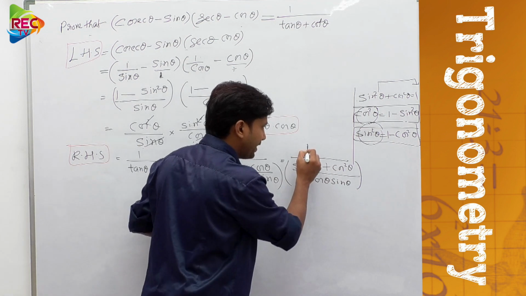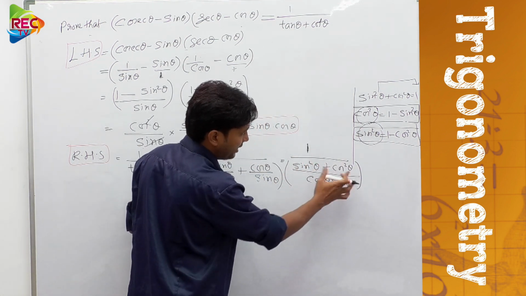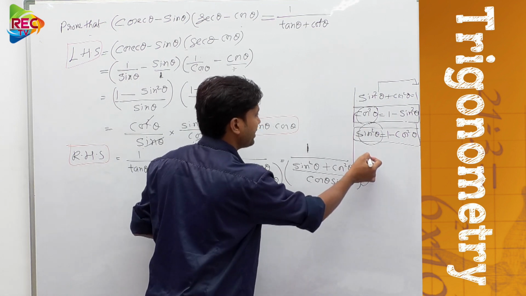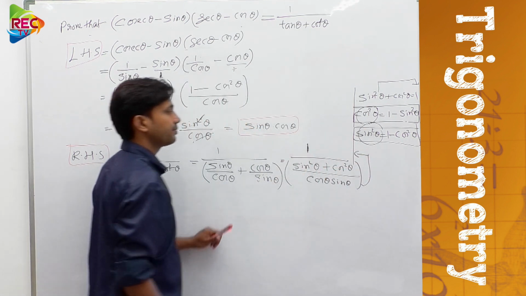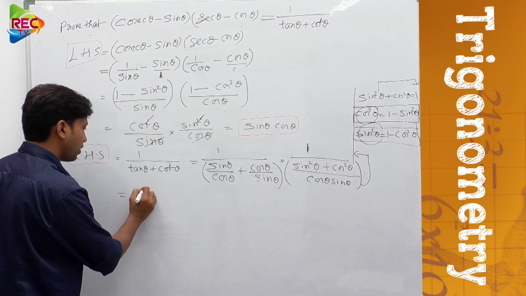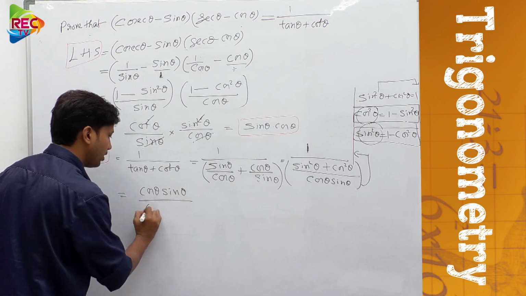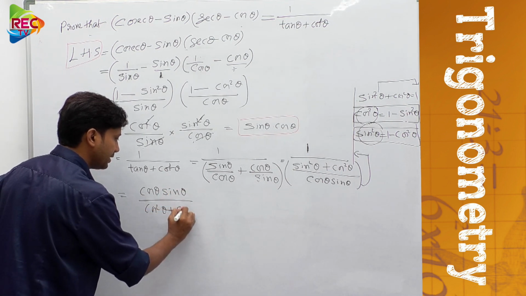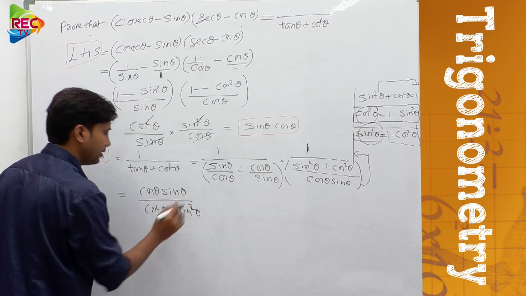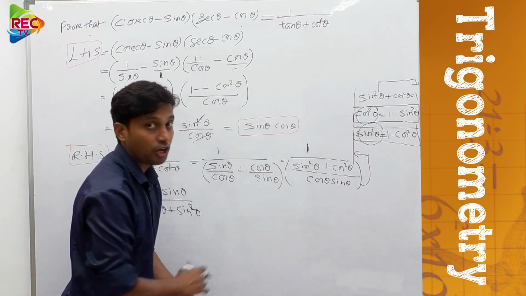As we got a fraction in the denominator part, this fraction gets inverted. Then we can write it as cos theta sin theta by cos square theta plus sin square theta. Just inverted the fraction because the fraction is there in the denominator part.